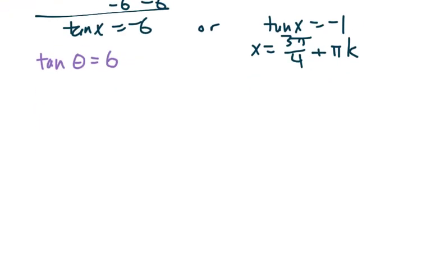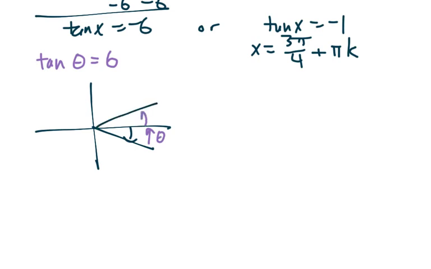So arctan of -6 is going to give you an angle between negative pi halves and 0, which is here, right? A negative degree angle, so that's clockwise. Counterclockwise for the always positive reference angle, which we're calling theta here. Now when I put that in standard position, that's going to make it in the first quadrant.